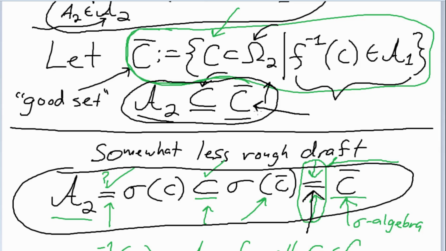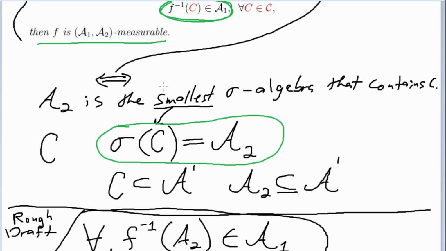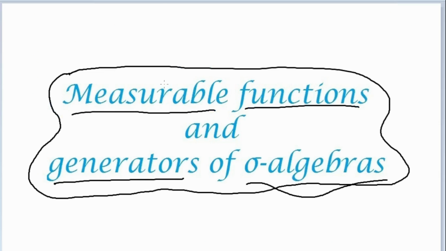And since C bar is the collection of good sets, that is, the collection that contains all the sets with the characteristics that we want, namely that their preimage is in A1, and A2 is a subset of that set, then f must be a measurable function.